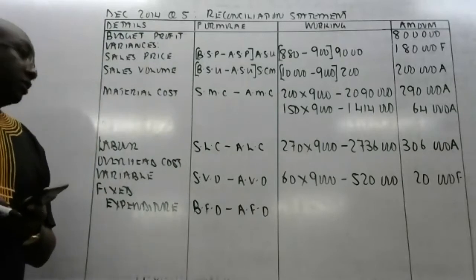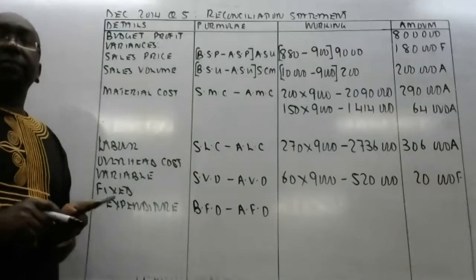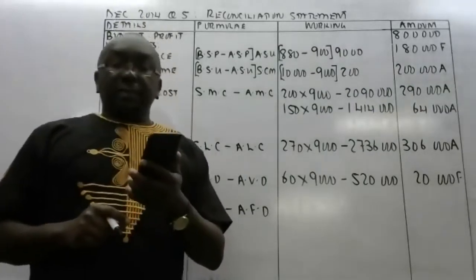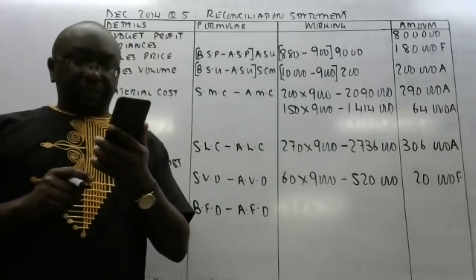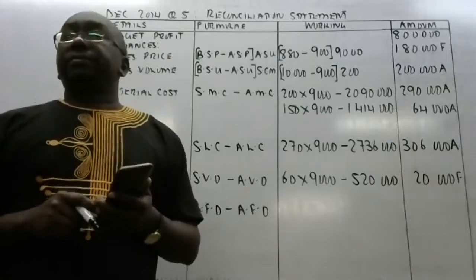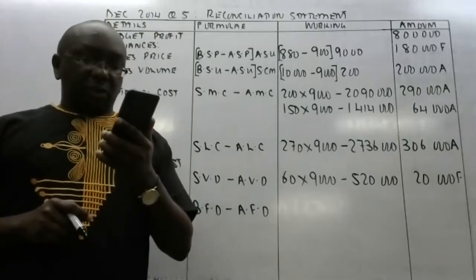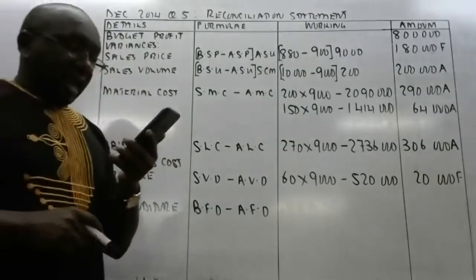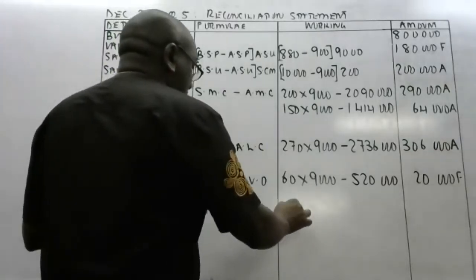Budget fixed overheads minus actual fixed overheads. The budget fixed overheads is like this. Looking at information 1, it says the annual fixed overheads were 14,400,000 and they are assumed to be incurred evenly.